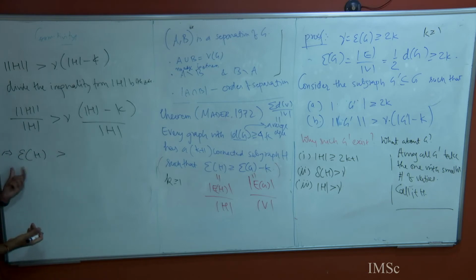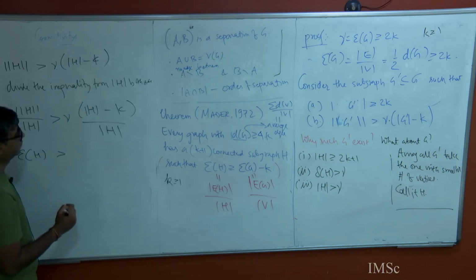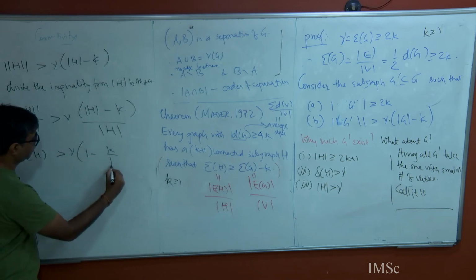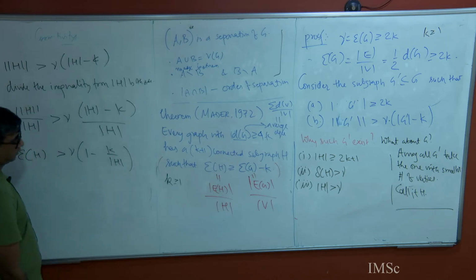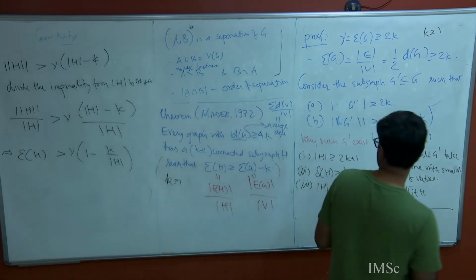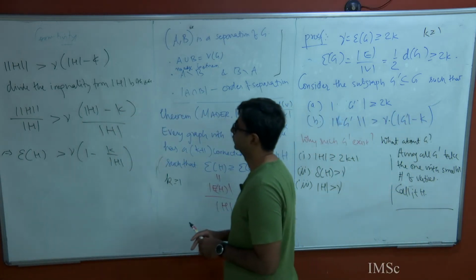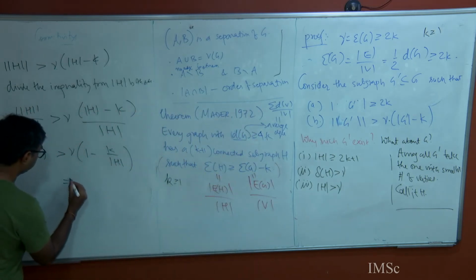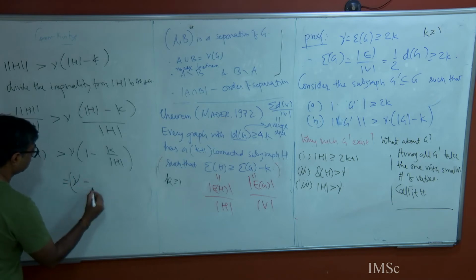Basically, I want to see how many edges are there per vertex. And what is this? This is gamma 1 minus k times something, right? Is that fine? So what can we say? Can I say this is gamma minus gamma?